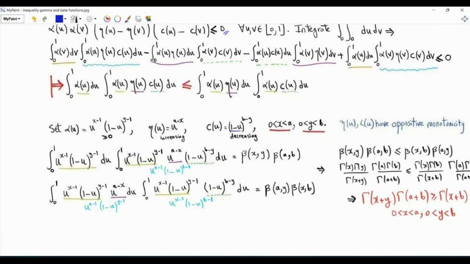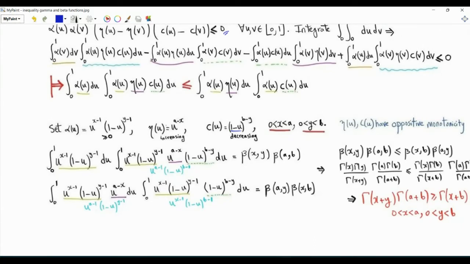Now, alpha will be this integral, and this integral is beta of x comma y. In the other integral, the integrand is the product of alpha, eta, and C. So if we multiply these together, we get u to the a minus 1, because we have u to the x minus 1 from here, and from there we have a minus x.